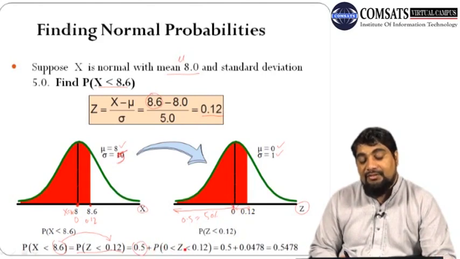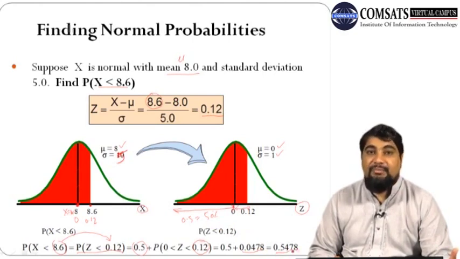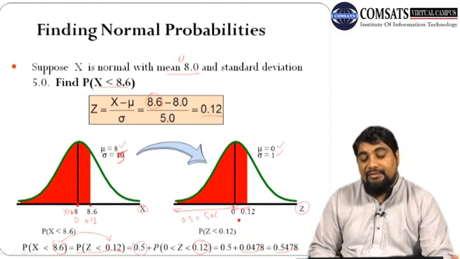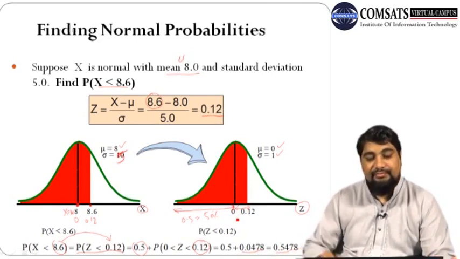Just look up 0.12 in the standard normal distribution table, and you get 0.0478. Adding these two numbers, we get 0.5478, or 54.78%. This is how we can calculate probabilities corresponding to the normal distribution.